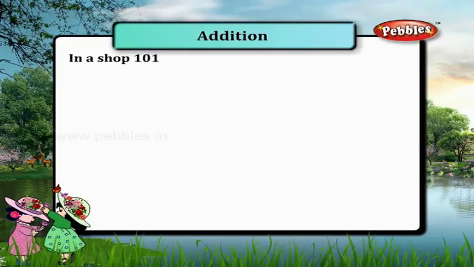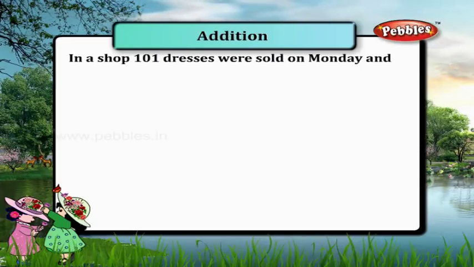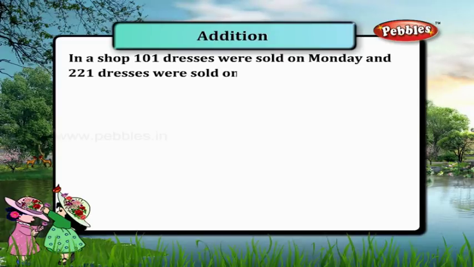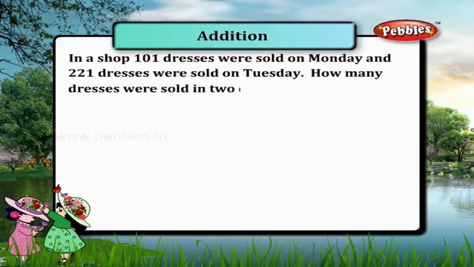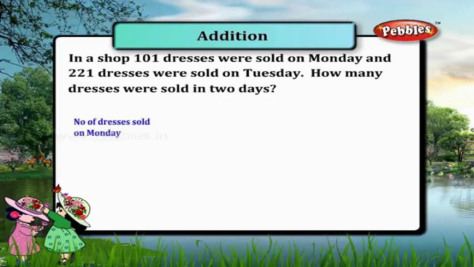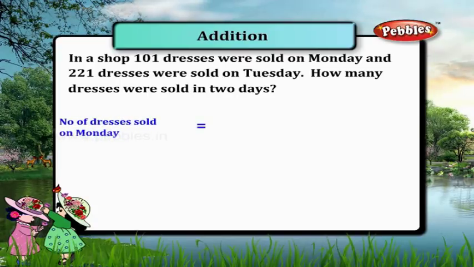In a shop, 101 dresses were sold on Monday and 221 dresses were sold on Tuesday. How many dresses were sold in 2 days? Number of dresses sold on Monday is equal to 101.